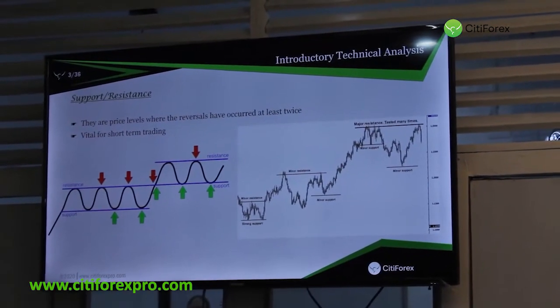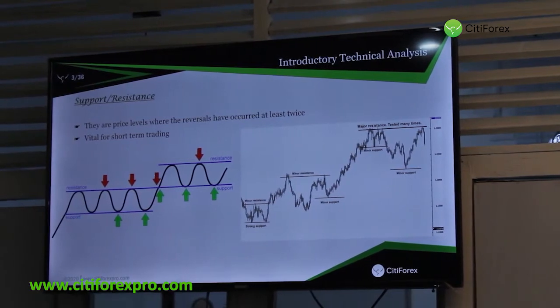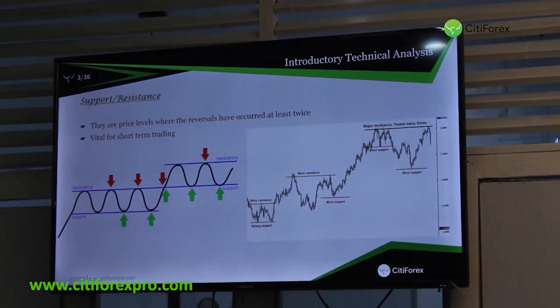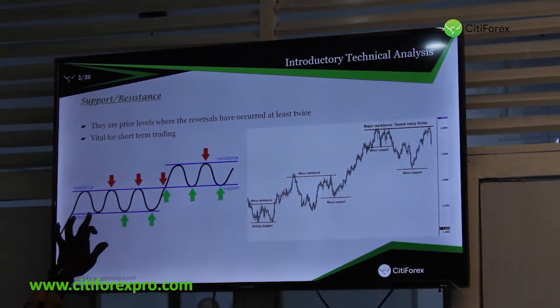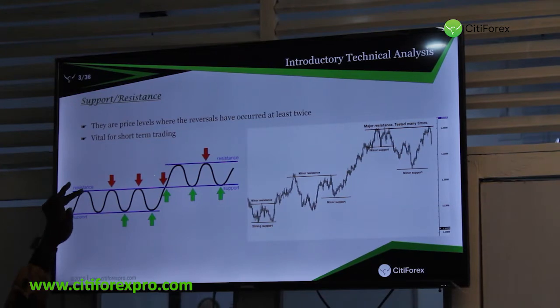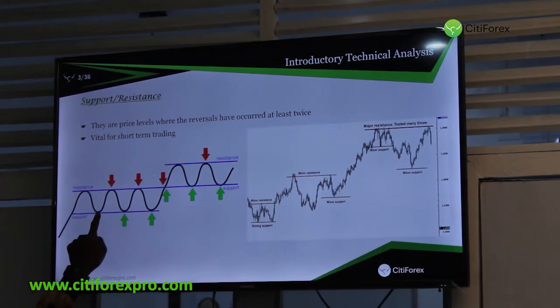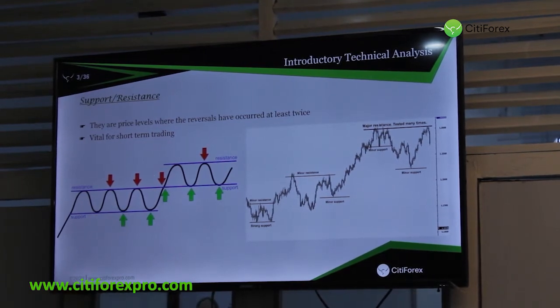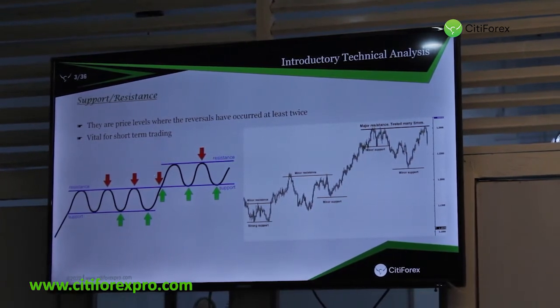Exceeding a particular limit, opposition. That's what it is. And then support is the opposite of what we call resistance in the market. So we assume that if the market finds a base somewhere, the market goes up, comes down, reverses from this point, and it does it at least twice, that place is now important to traders.